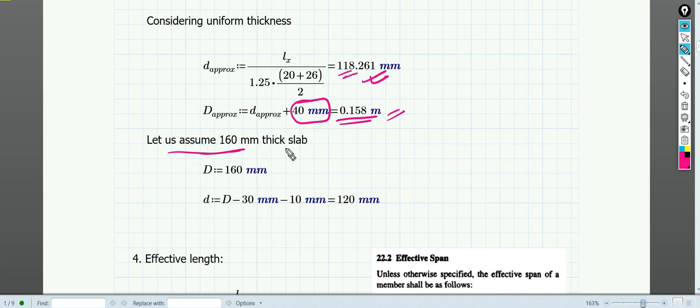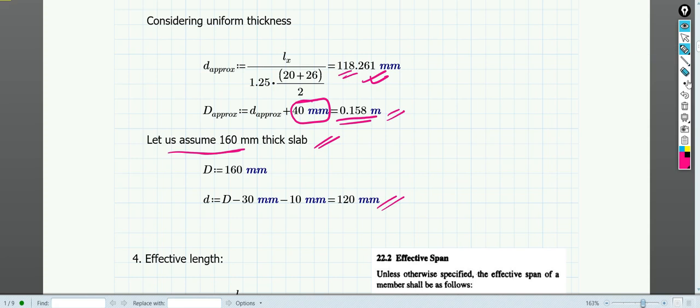The thickness is just an assumption, the overall thickness of the slab. The effective depth we can take as 160 minus 30 mm as clear cover, and 10 mm for the dimension of the stirrup. So basically we'll come up with 120 mm as effective depth.